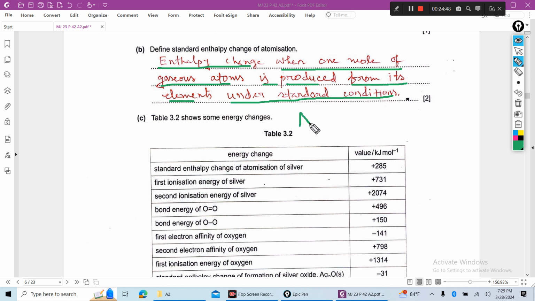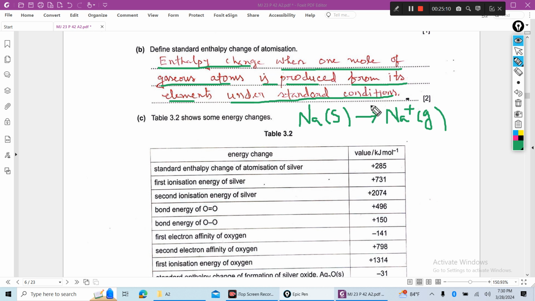Say 1 mole of sodium, standard state solid, goes to 1 mole of sodium gaseous atoms. This is known as the standard enthalpy change of atomization.